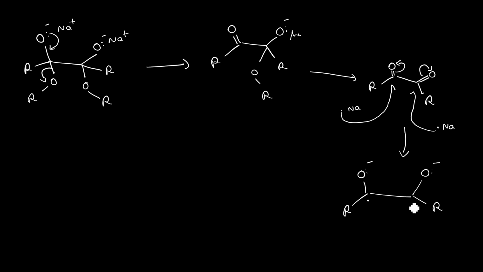Now we have two radicals here, two lone electrons in these places. These two can come together to form a pi bond between these two carbons. We have our structure like this.